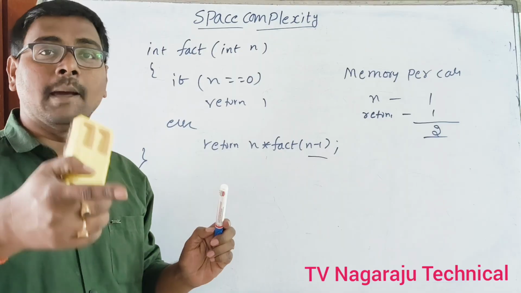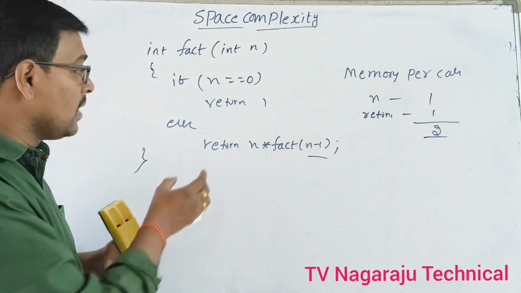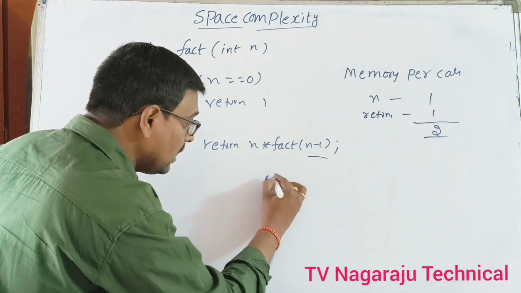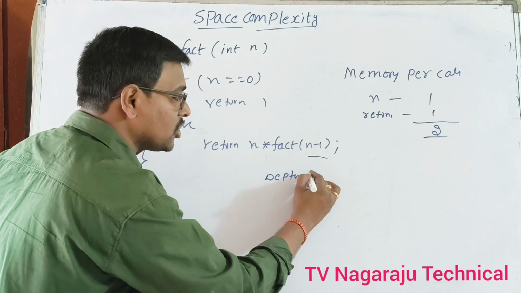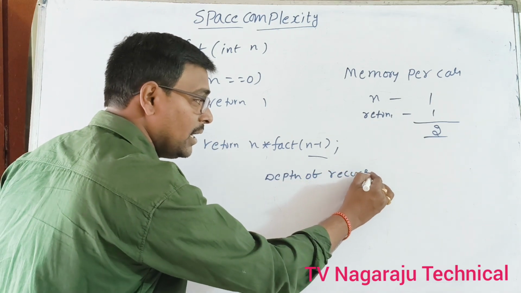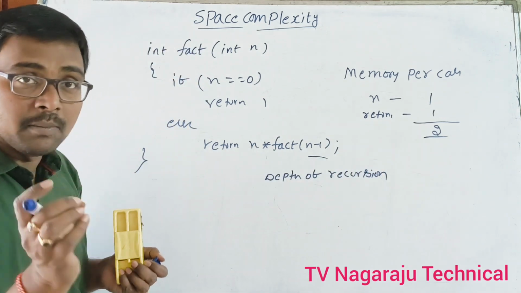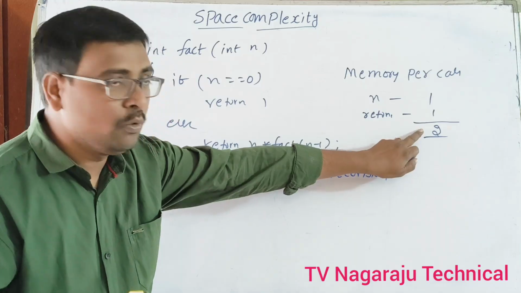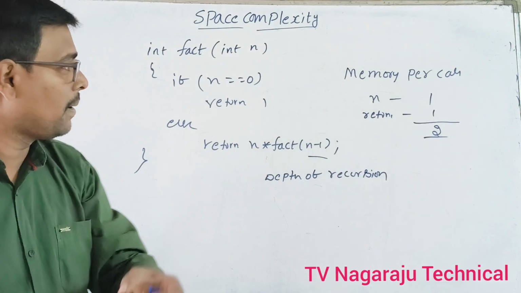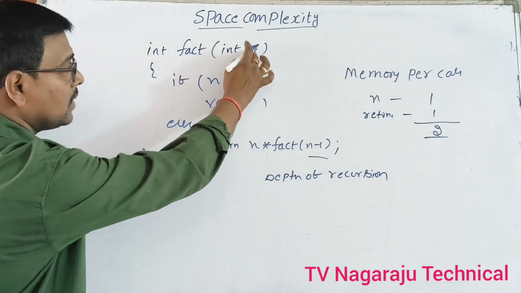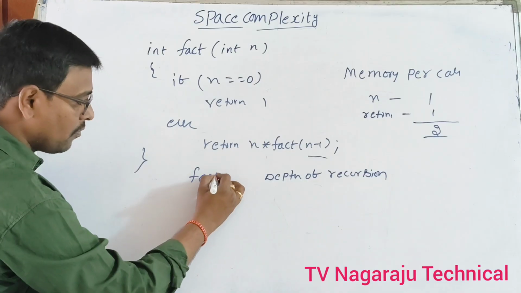Now, how many recursive calls? That is, what is the depth of recursion? Per call we need 2 units. How many calls? For simplicity, assume n is equal to 5.